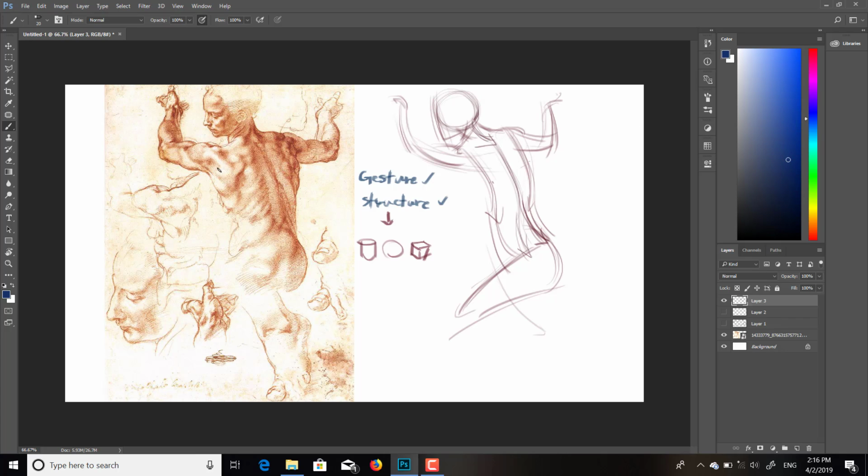You can see eyes moves on the surface like this. So these lines represent structure.